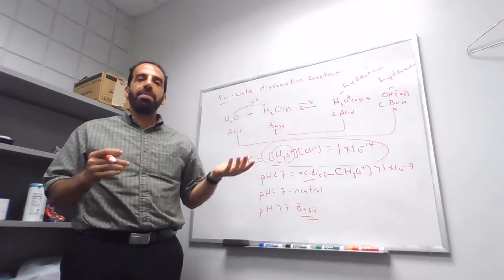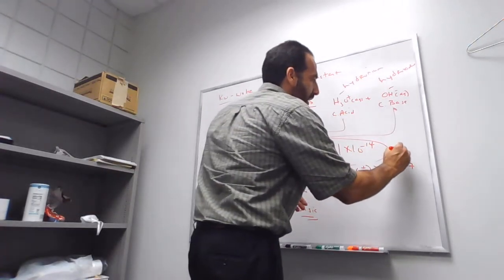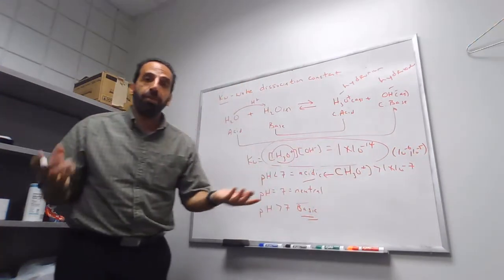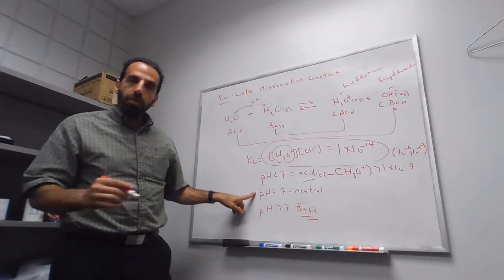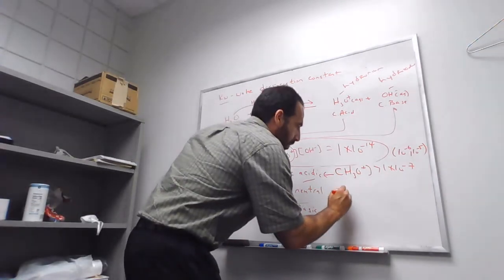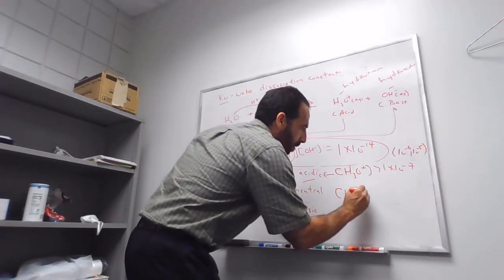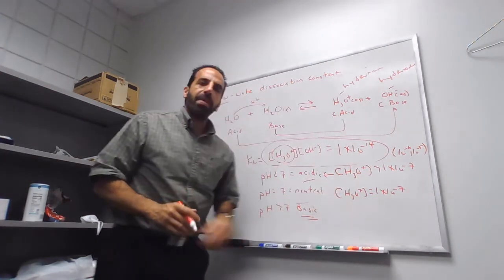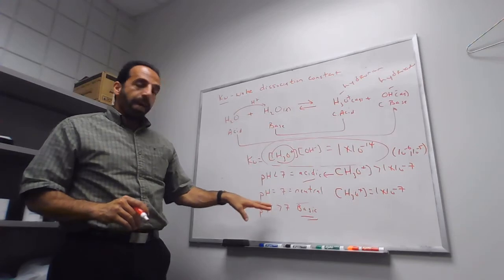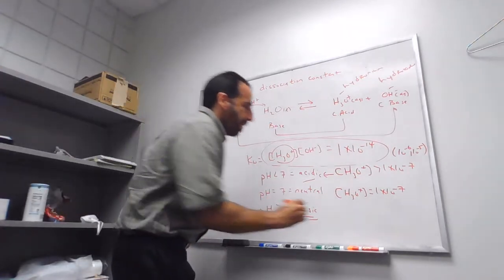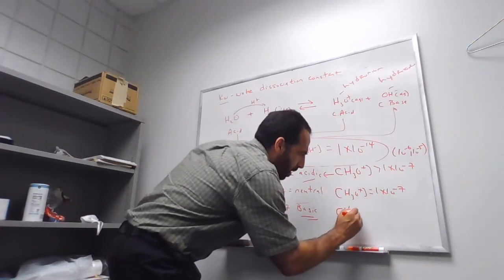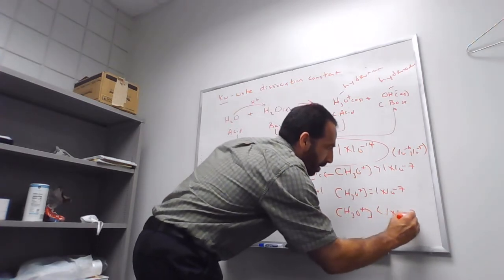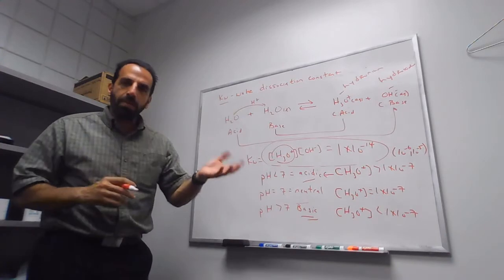When it's greater than 1 times 10 to the minus 7, it'd be on the order of like times 10 to the minus 6, 10 to the minus 5, etc. When something is neutral, H3O plus concentration is equal to 1 times 10 to the minus 7. If it's greater than this, greater than 7, that means that the concentration of H3O plus is less than 1 times 10 to the minus 7. So again, these are some values I want us to know.